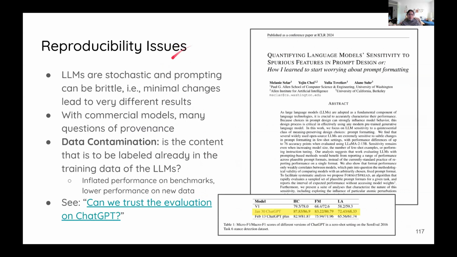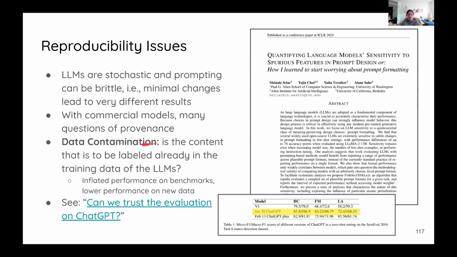And then there's this big question of reproducibility issues, especially when we talk about commercial LLMs, when we don't really know what is in there. So here we have another paper that talks about how small changes in the prompt can lead to highly different behavior.